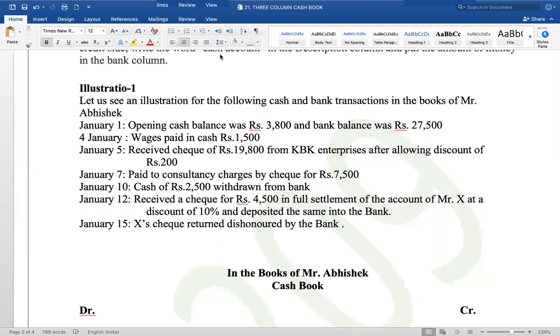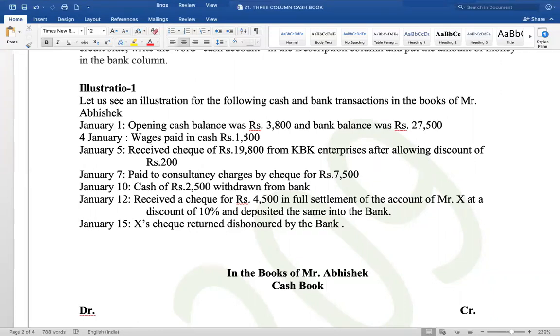Jan 4th, wages paid in cash rupees 1500.